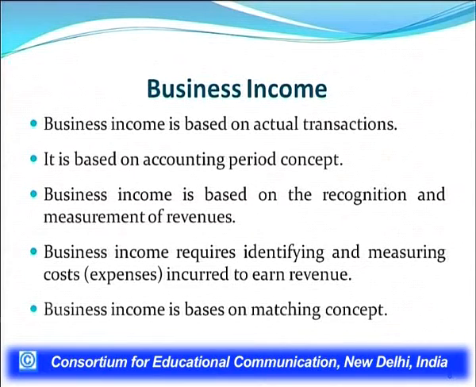Business income requires identifying and measuring cost. When we talk of net income, it is basically based on the gross revenue or the total income minus expenditures incurred to earn revenue.